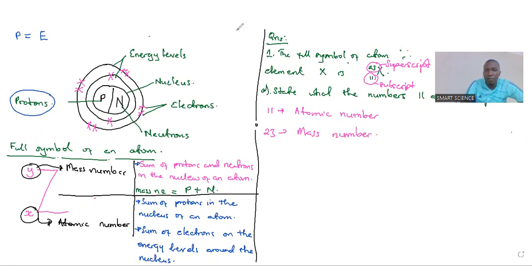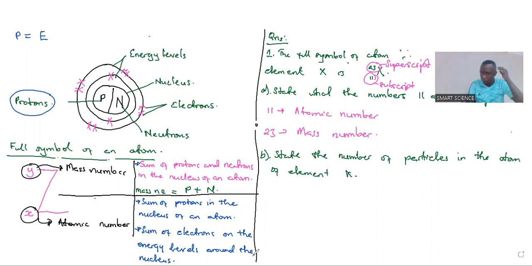That is question 1. Part B says state the number of particles in the atom of element X. To be in position to answer this, I will begin by naming the particles that I have: protons, I have neutrons, and I have electrons.